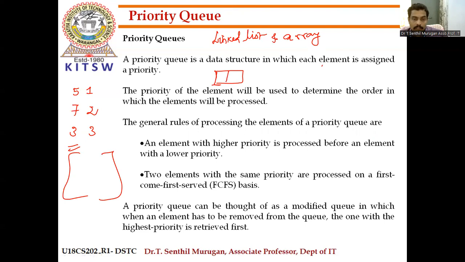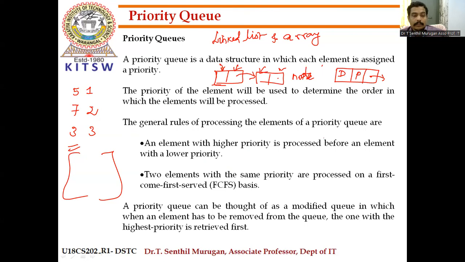One portion holds the data, and the other portion holds the pointer to where the next node is stored. Like that, we can create the node using the structure concept. If we are using a linked list, we add one more field: one is data, another is priority, then the pointer to the next node. Like that, we will create the list, which we will discuss.